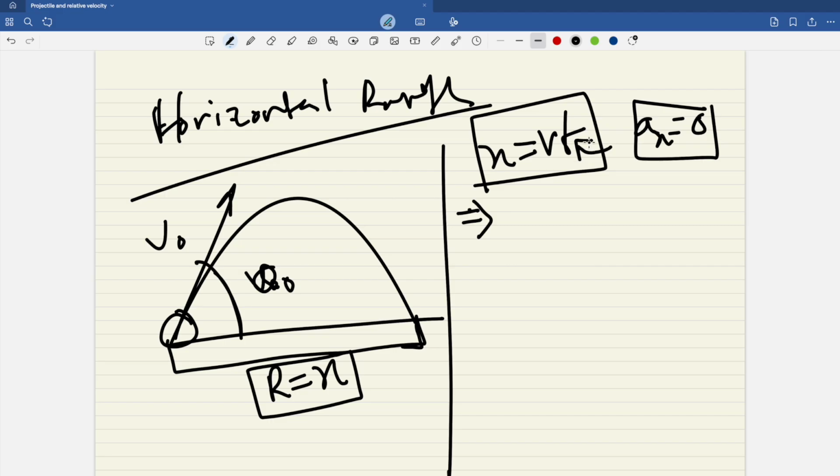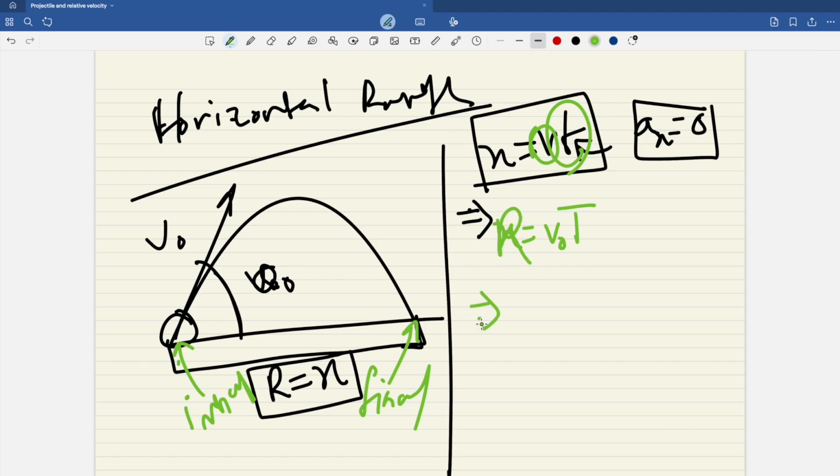Here, the initial position is this and the final position is this, right? So this t turns out to be the time of flight, this v turns out to be the initial velocity, and this x is the horizontal range. So R equals V naught t.